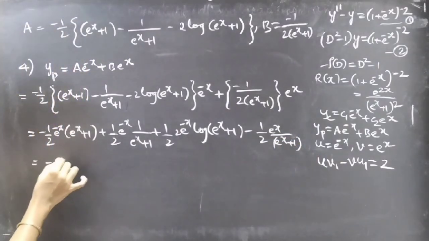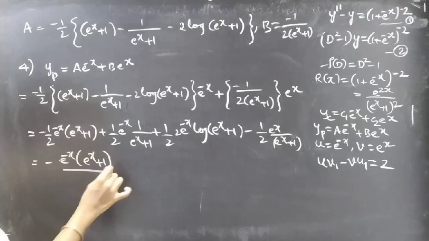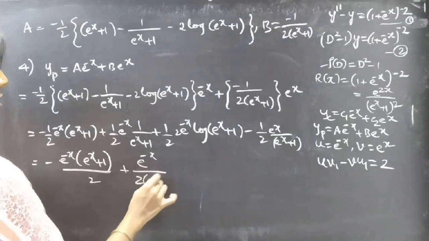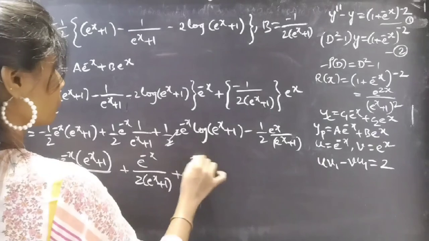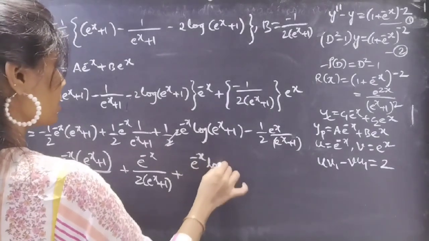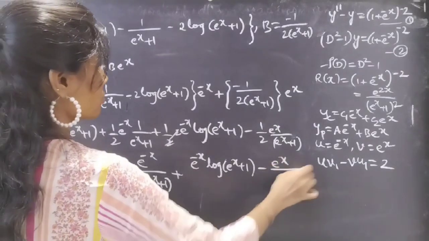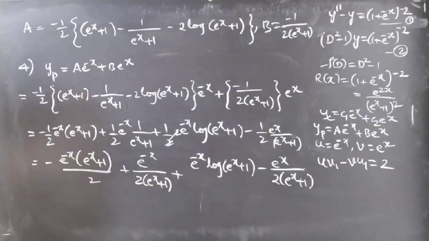This becomes minus e power minus x of e power x plus 1 by 2 plus e power minus x by 2 times e power x plus 1. Here 2 gets cancelled and we'll get e power minus x log of e power x plus 1 minus e power x of 2 times e power x plus 1, right?